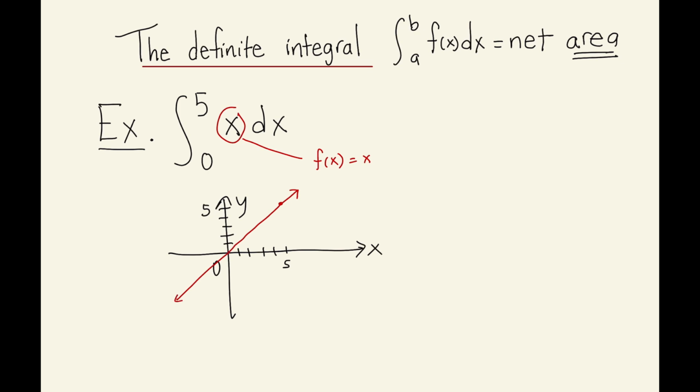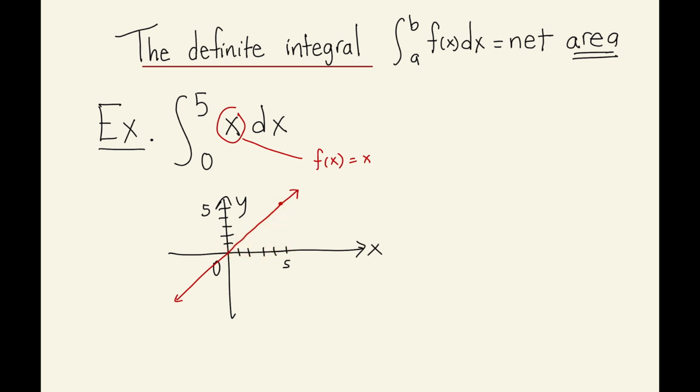So the region that we're interested in is the region from 0 to 5 that is between our graph of f of x and the x-axis. So I want to know the area of this region, and basically it's the area of this triangle.